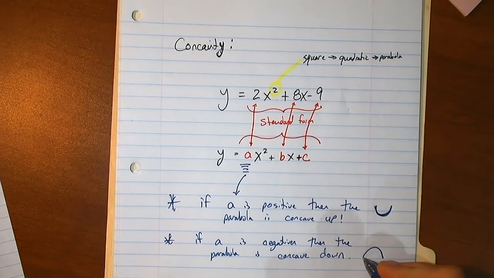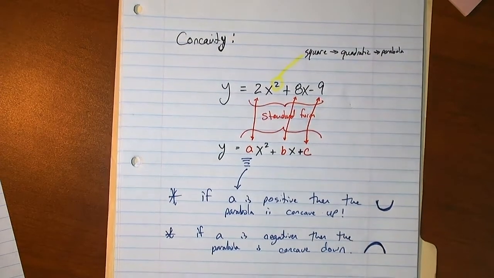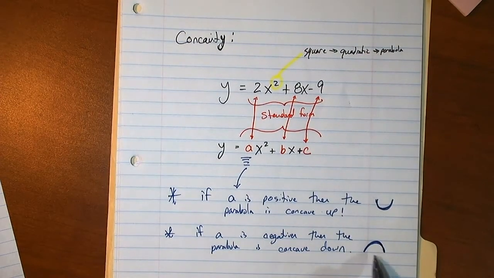And people who are negative about everything tend to be upset more often than people who are positive about everything. So negative people tend to frown more often. So this is kind of how I remember it. I just use that little rhyme, up like a cup, down like a frown. Positive people tend to be up. Negative people tend to be down. Okay, and that's kind of how I remember concavity.